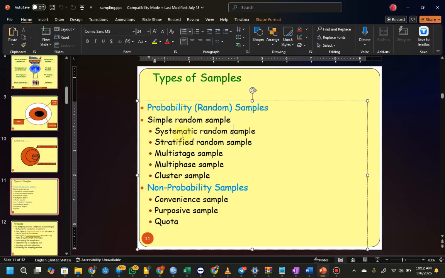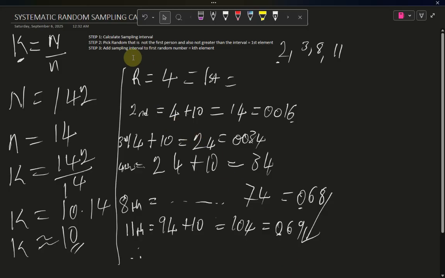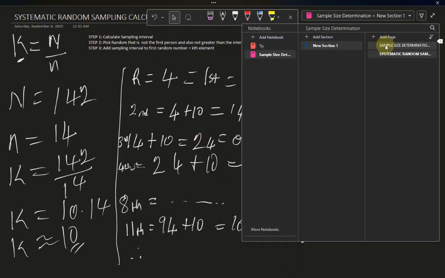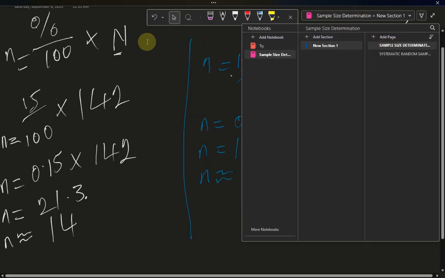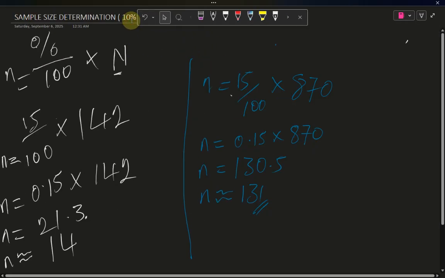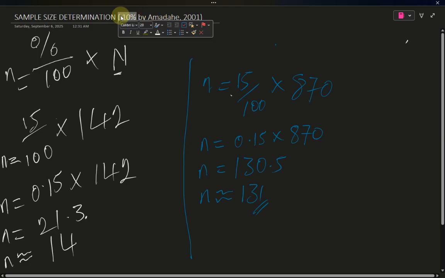One popular one was proposed by a scholar called Amadahe, who I am thinking is a Nigerian, I'm not sure. He proposed that we use 10% of the accessible population for our study. That was by Amadahe 2001.